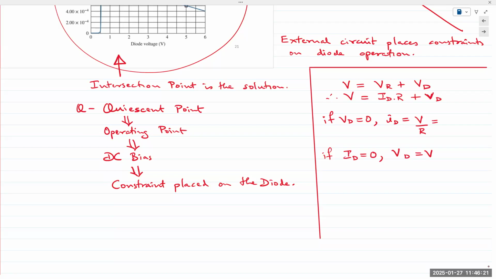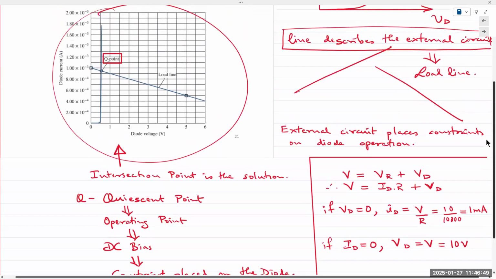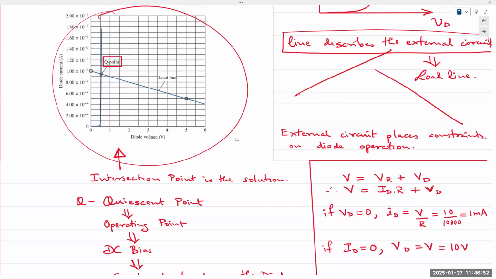Here, this would become 10 over, what is our resistor? 10K. So 1 milliamp. And this would become 10 volts. And those are the endpoints.